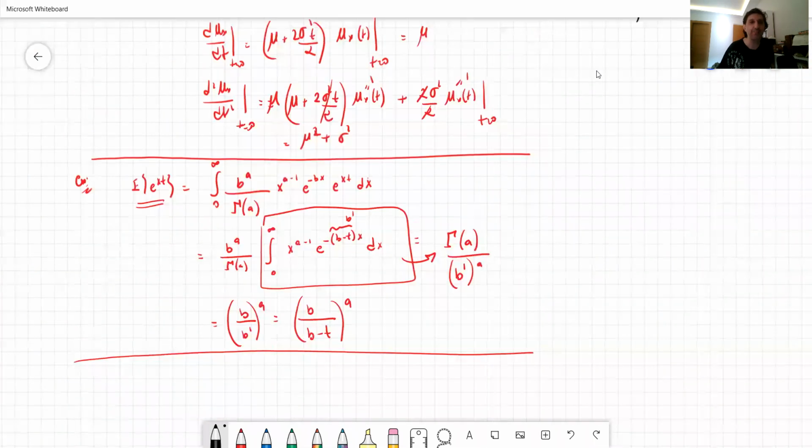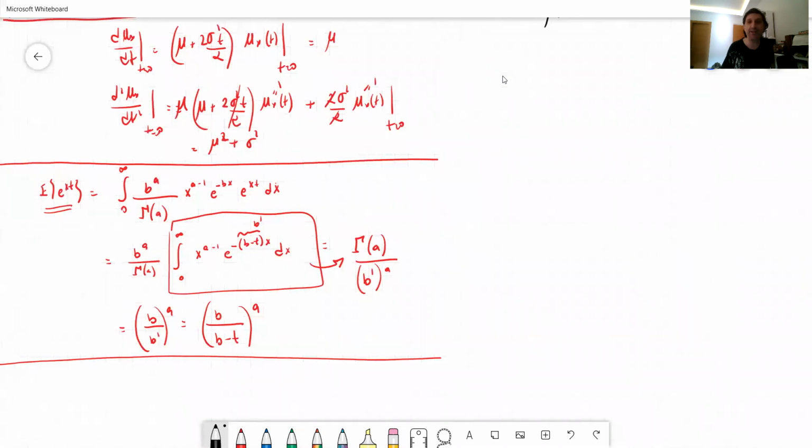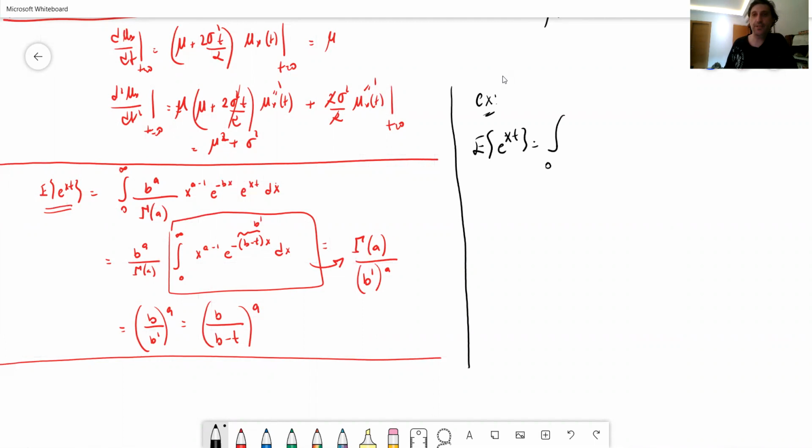Now, as a last example, it's about the gamma distribution. Let me do the same thing for the exponential distribution. Actually, I have not derived the moment generating function for the exponential distribution, so first, let's derive it. E[e^(tX)] is equal to the integral from 0 to infinity of e^(tx) λ e^(-λx) dx.